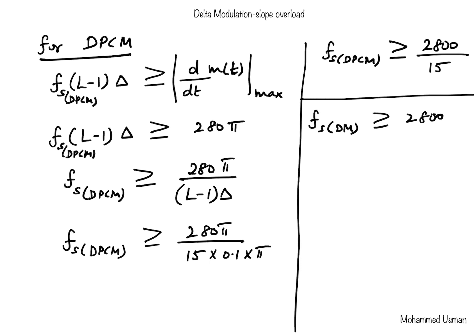Or conversely, differential pulse code modulation requires a sampling rate which is smaller by a factor of L minus 1 as compared to delta modulation. That's the example to illustrate that the sampling rate to avoid slope overload in delta modulation is higher as compared to that required in differential pulse code modulation.